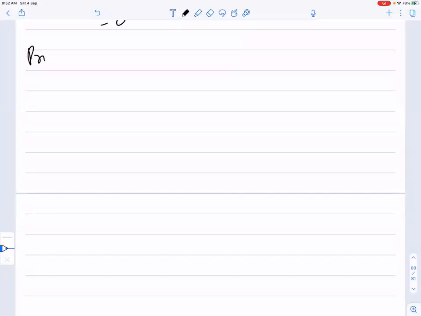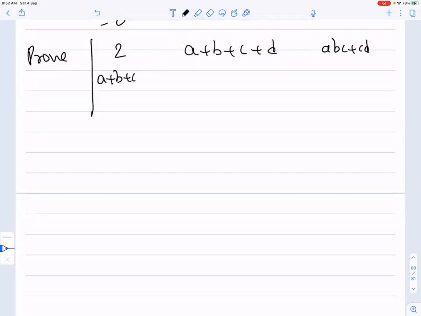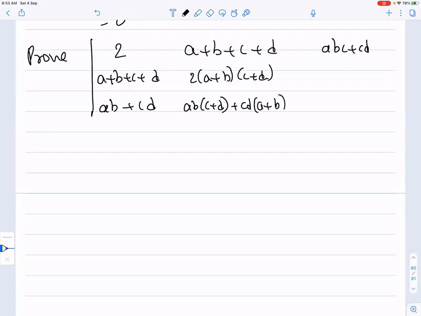Prove that the determinant of 2, a plus b plus c plus d, ab plus cd; a plus b plus c plus d, 2 times (a plus b) into (c plus d), ab into (c plus d) plus cd into (a plus b); ab plus cd, ab into (c plus d) plus cd into (a plus b), 2abcd equals 0.